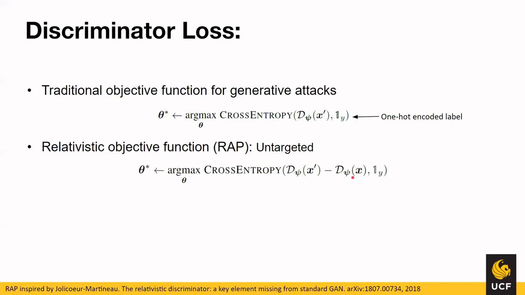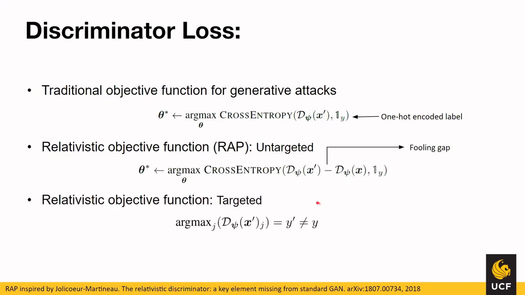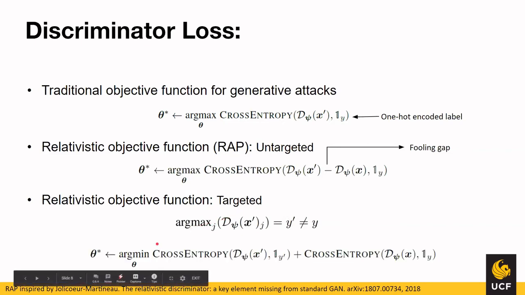And in terms of a targeted model, we already have a label, and it should not be equal to the clean image label. So for the targeted label, they propose a loss function where they're trying to maximize each of those discriminator losses individually, and they sum them up.